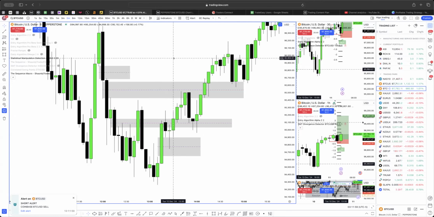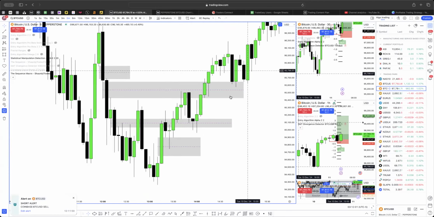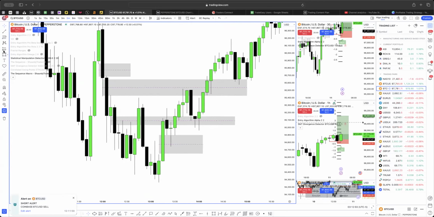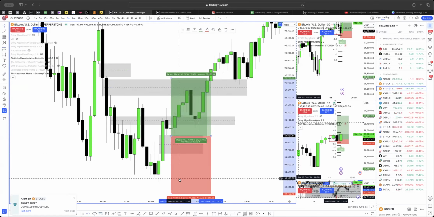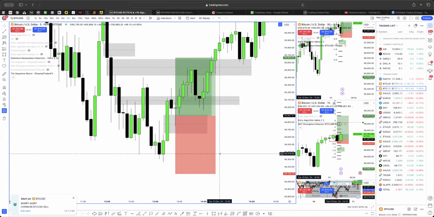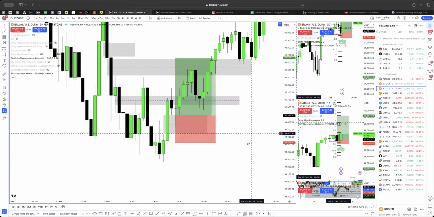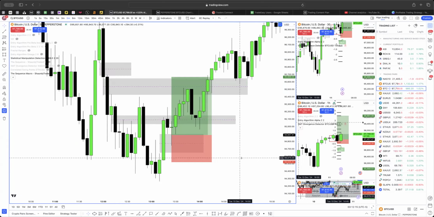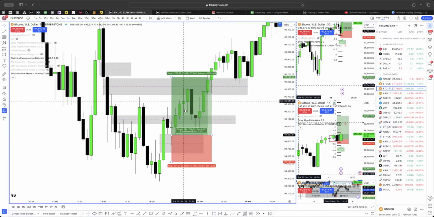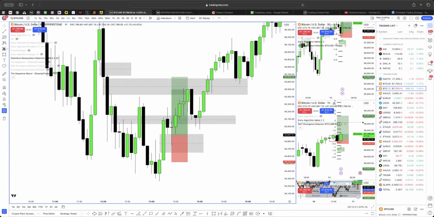So let's just take a look at the ones that worked. So all these worked. Now, if you're buying, let's say you buy here, where's your stop loss going to be? Your stop loss is going to be below that middle candle there. Below the gap candle, just in a bullish example.